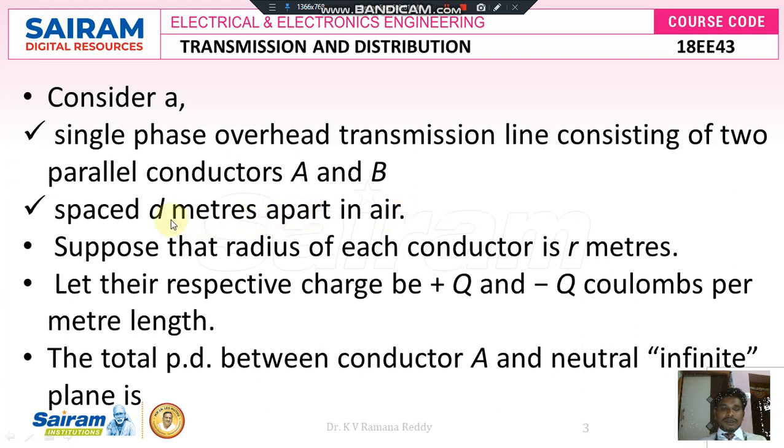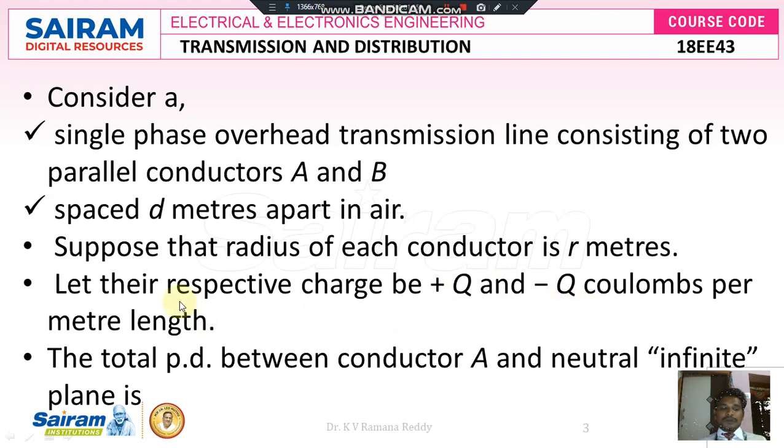Suppose the radius of each conductor is r meters, from the center of the conductor to the outer surface, and their respective charges are plus q at conductor A and minus q at conductor B, in coulombs per meter length.